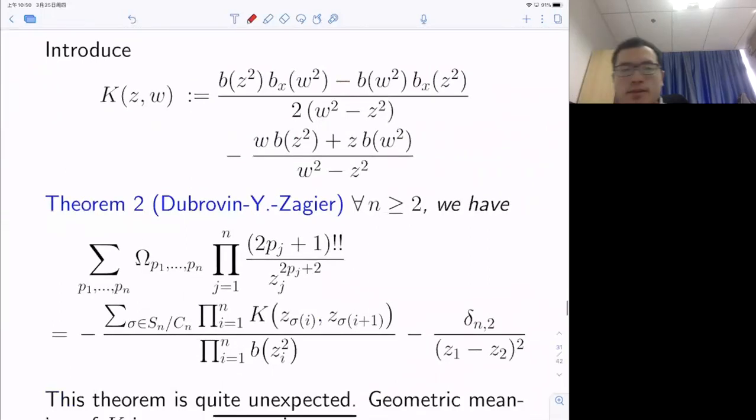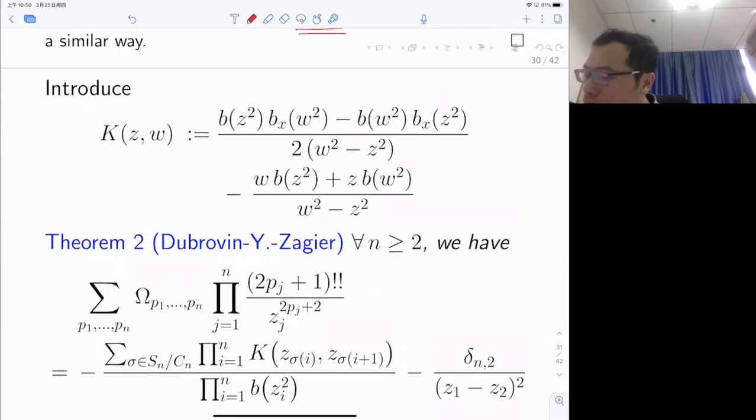So now let's introduce another function of two variables. We can say it's like a kernel. This other kernel is K, capital K, and in this case the kernel is given using only our B. B is the generating series of the Hamiltonian densities of the KdV.